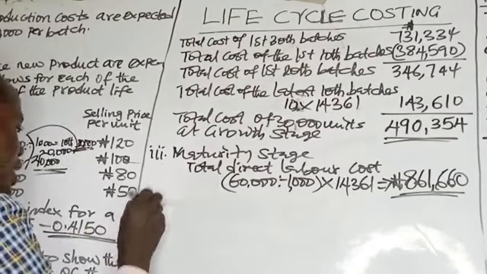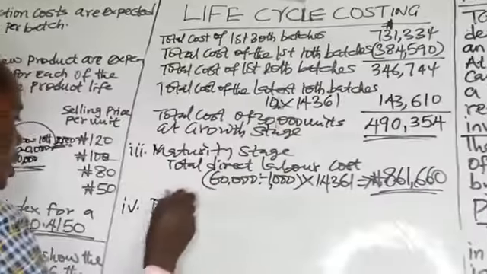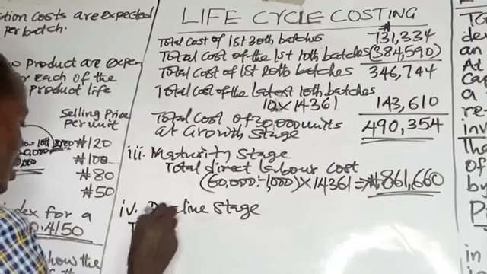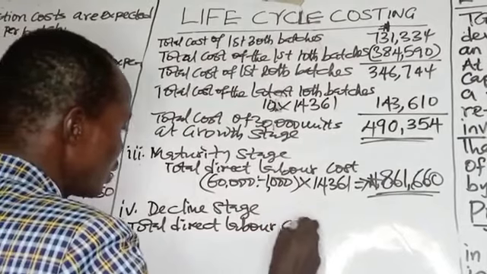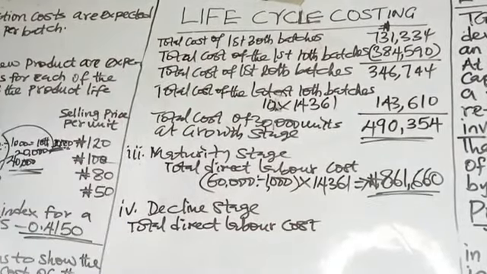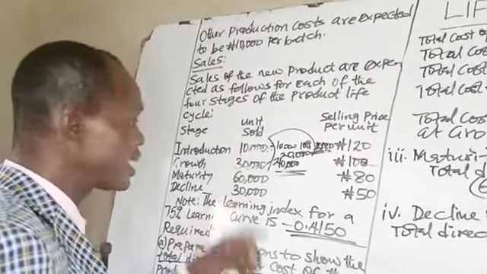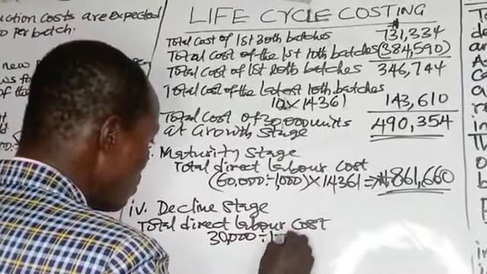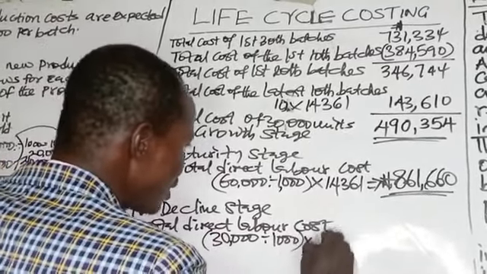After maturity stage, the stage number 4 is decline stage. Total direct labor cost incurred at this stage. Note at the decline stage, 30,000 units were produced. That means this will be in batches of 30. 30,000 divided by 1,000, that will be 30 batches. 30 batches times 14,361.